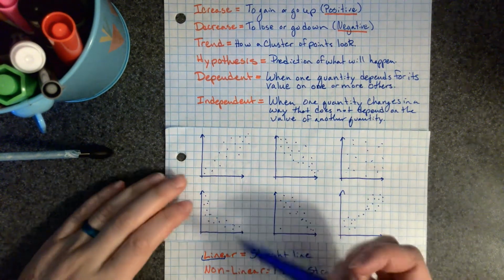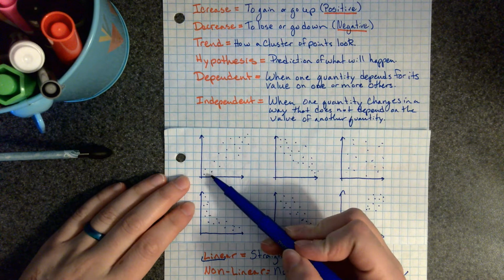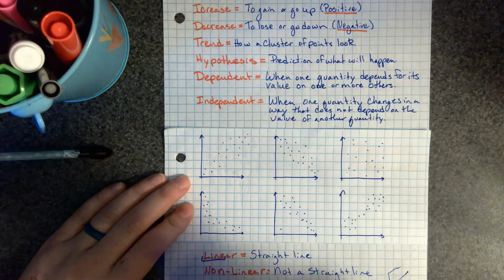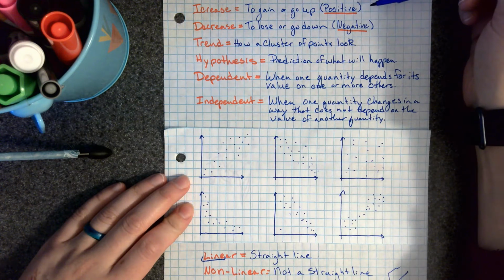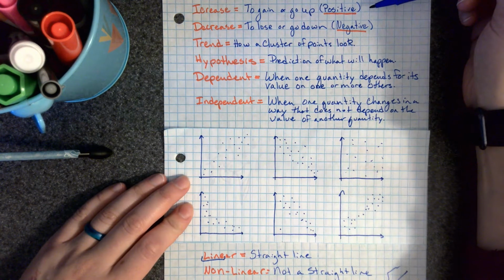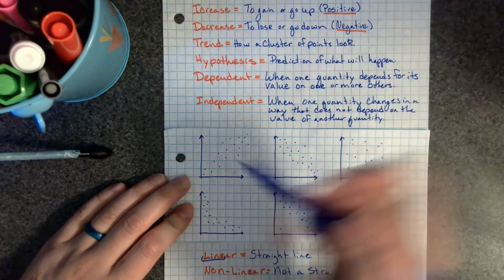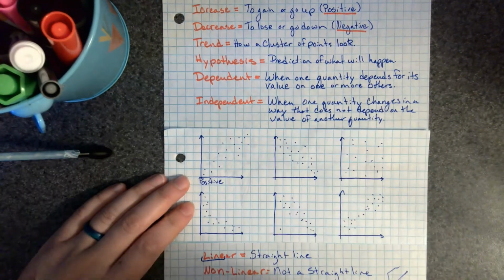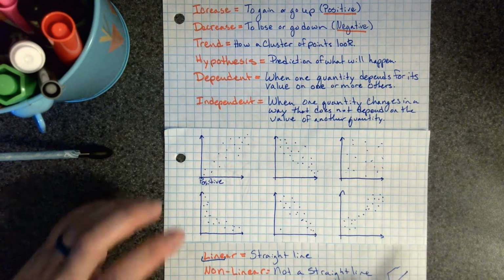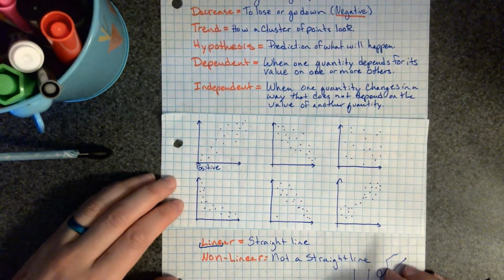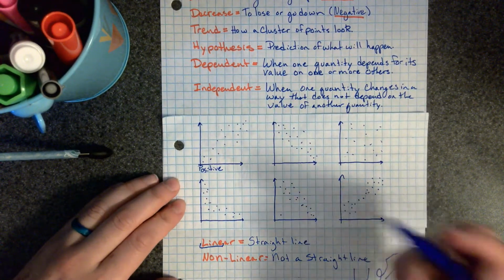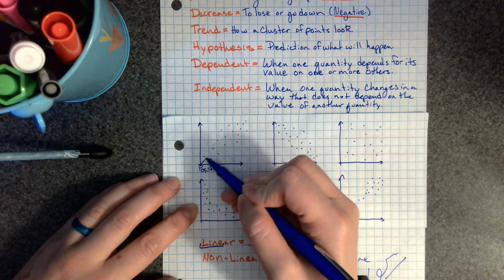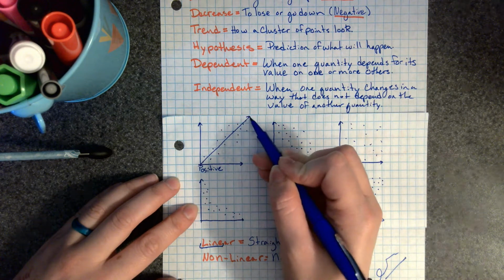So this first one, if we look at the trend of the data, all the points seem to be going up, right? And if we go to our vocab, if everything is going up, that means that we are increasing, aka positive. So this has a positive association. But we're going to add another word to it. Not only is it a positive association, but specifically, I can draw a straight line through the middle of my data.